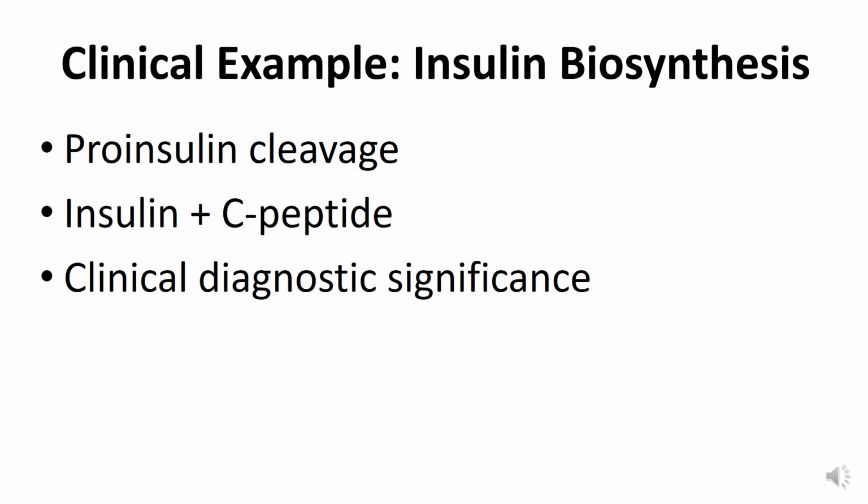From proinsulin formation to cleavage and release, the process is tightly controlled. This ensures the body can regulate blood sugar effectively every day. In simple terms, proinsulin is converted into insulin and C-peptide through cleavage. Insulin controls blood sugar, while C-peptide provides valuable information for medical diagnosis and monitoring.